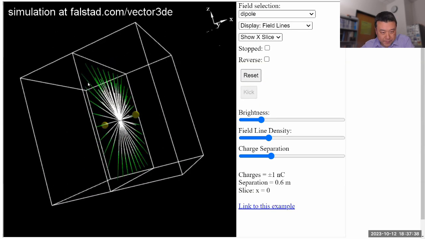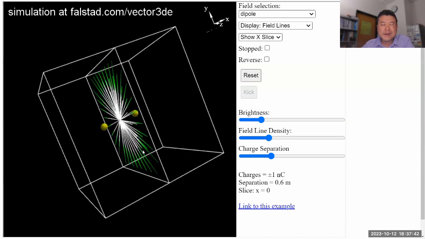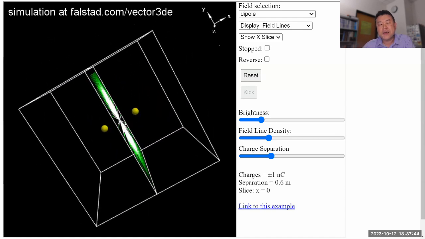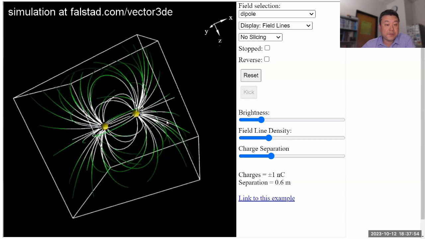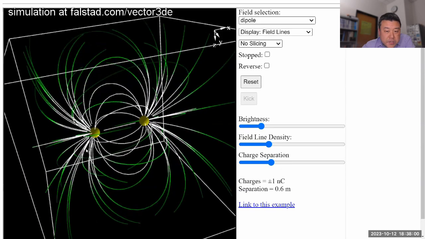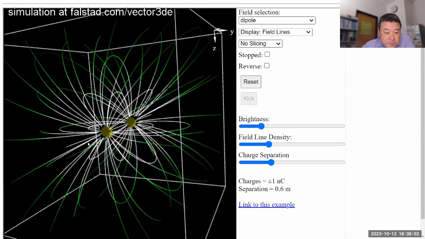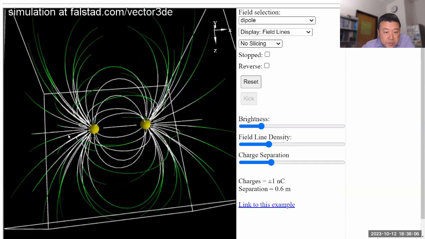With dipole fields, it's more interesting in a few ways. I think the least confusing way to look at the electric field of a dipole charge distribution would be with no slicing, so that you can see the whole 3-dimensional view of the dipole field. I can't tell which is positive and which is negative. It doesn't quite show the direction.